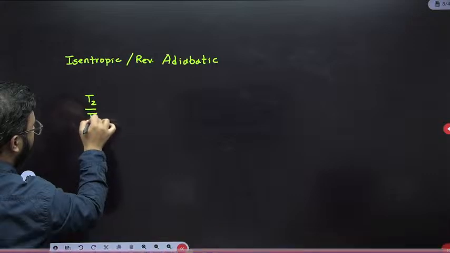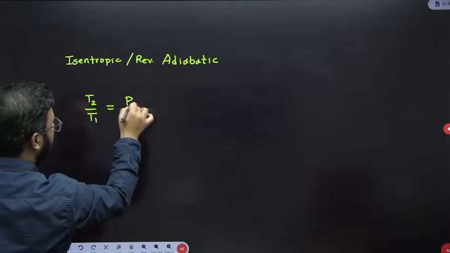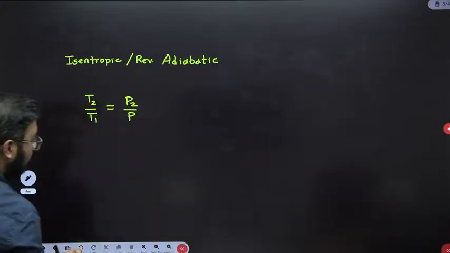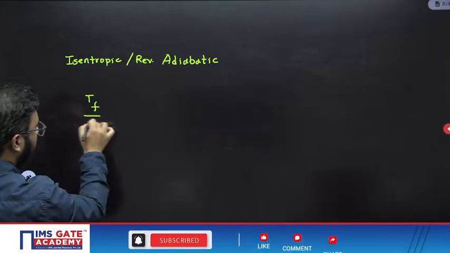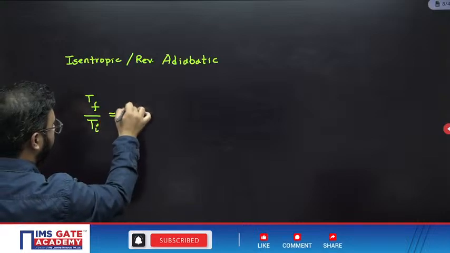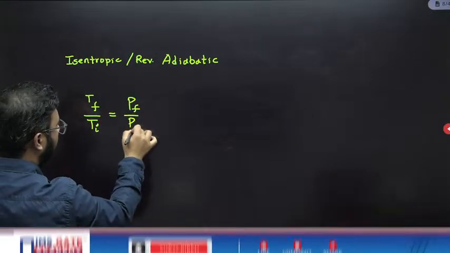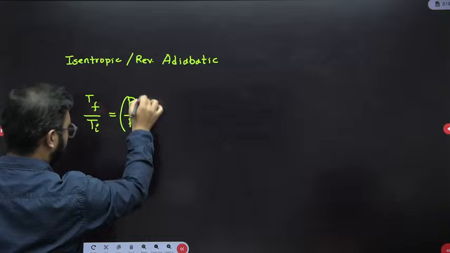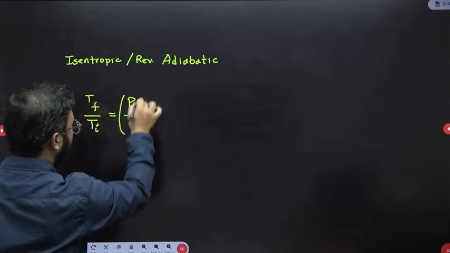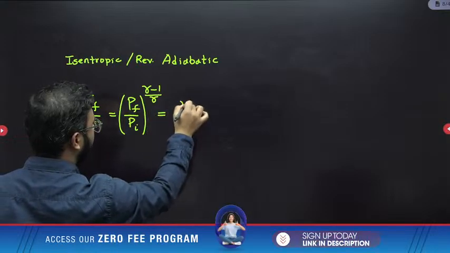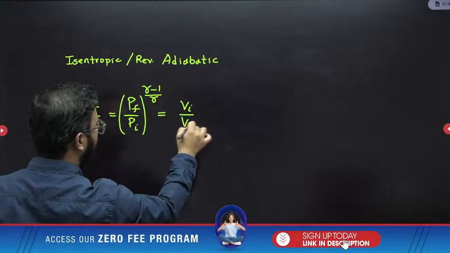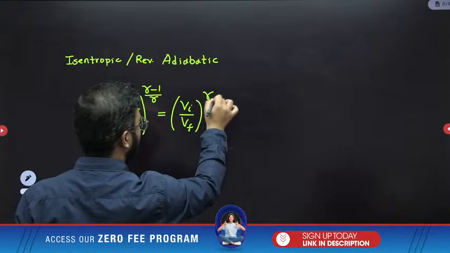T2 by T1 equals P2 by P1, or better, you should write it like this: T final by T initial equals P final by P initial to the power gamma minus 1 by gamma, equals V initial by V final to the power gamma minus 1.